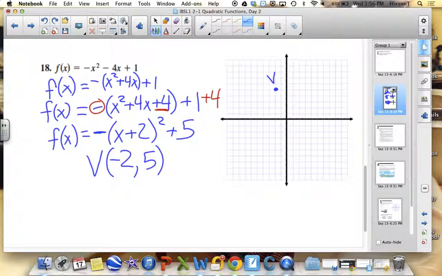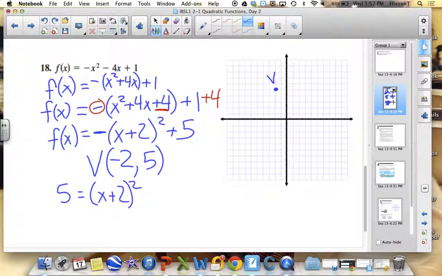And I can also find my zeros. We set this equal to 0. We're going to subtract the 5, divide by a negative 1. So that takes care of the negative 5, makes it positive 5. So we have 5 equals x plus 2 quantity squared.